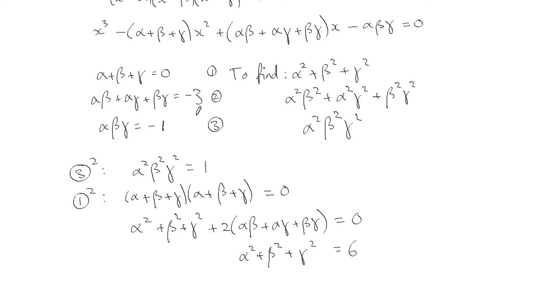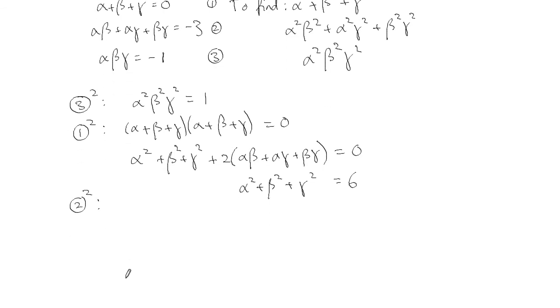And then we might get the idea to square our last equation and see where that gets us. So, very similar to this one, you're going to get each one squared, so an alpha squared beta squared, and alpha squared gamma squared, and a beta squared gamma squared, which is actually what we want to find there.